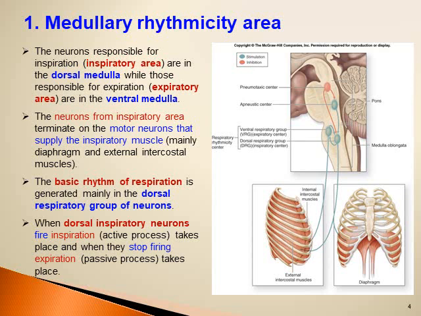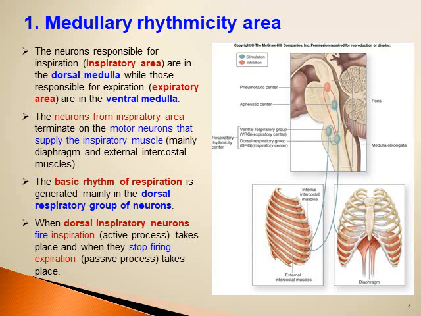The dorsal inspiratory neurons, when they fire, will cause inspiration. So when dorsal inspiratory neurons fire, inspiration, which is an active process, takes place. And when they stop firing, expiration, which is a passive process, will take place. And this is the pattern of breathing at rest.